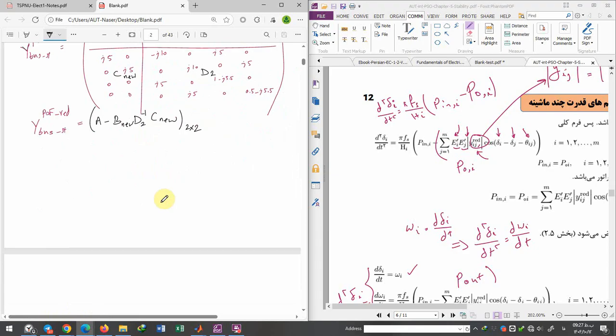This equation says that the second order derivative of delta i over dt squared is equal to PFS, frequency of system, over inertia of each generator, times the subtraction of input mechanical active power of each generator minus P output of each generator.